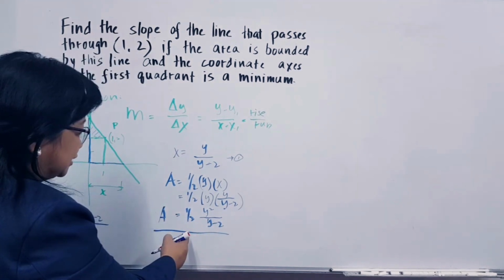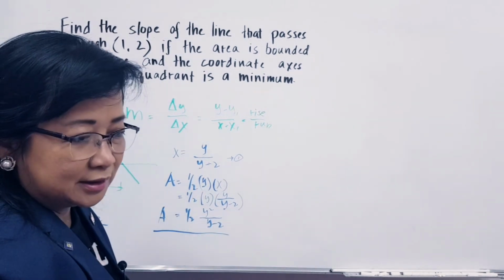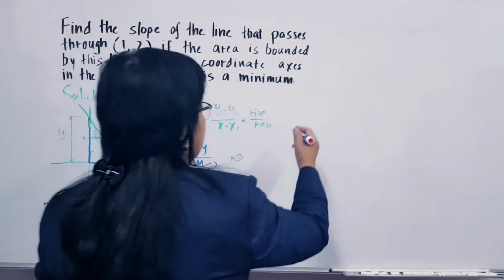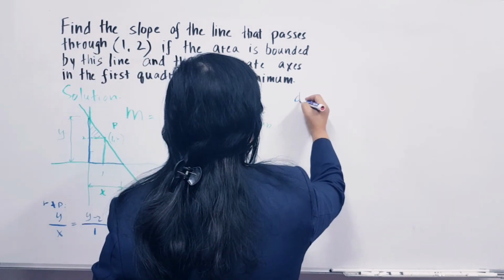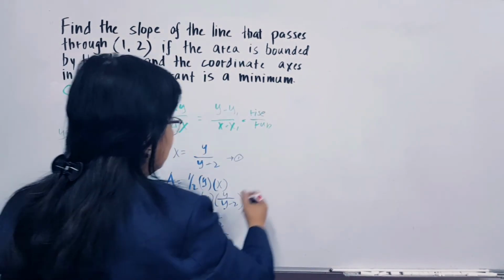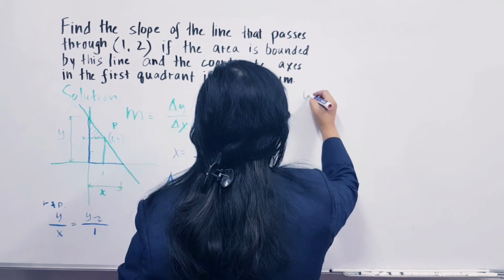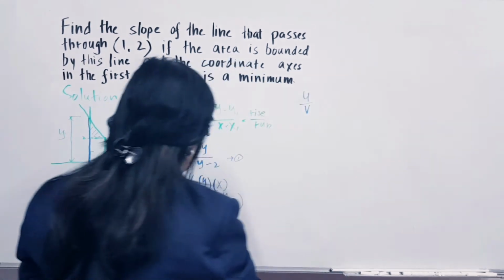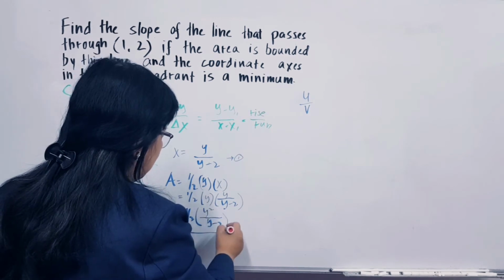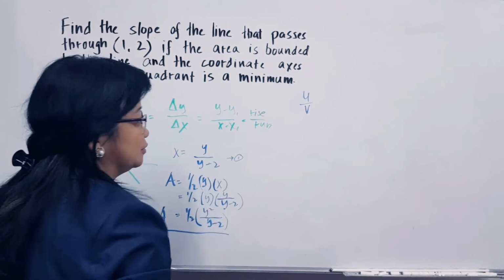In mathematics, there is a formula for the derivatives. For example, if this one is equal to u over v, u which is equal to y squared and v which is equal to y minus 2.